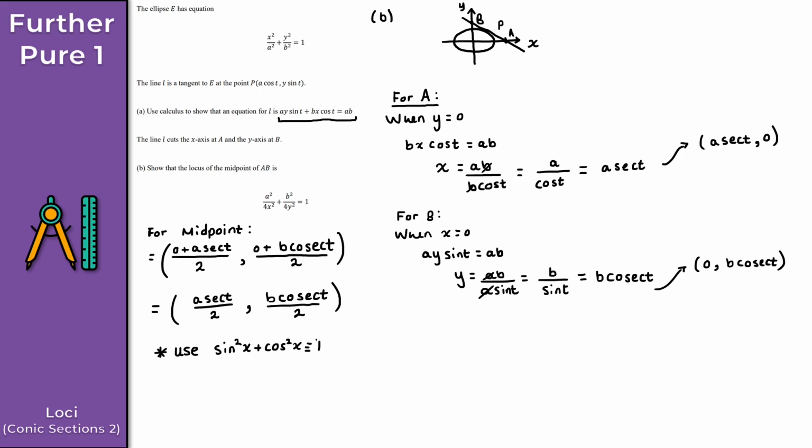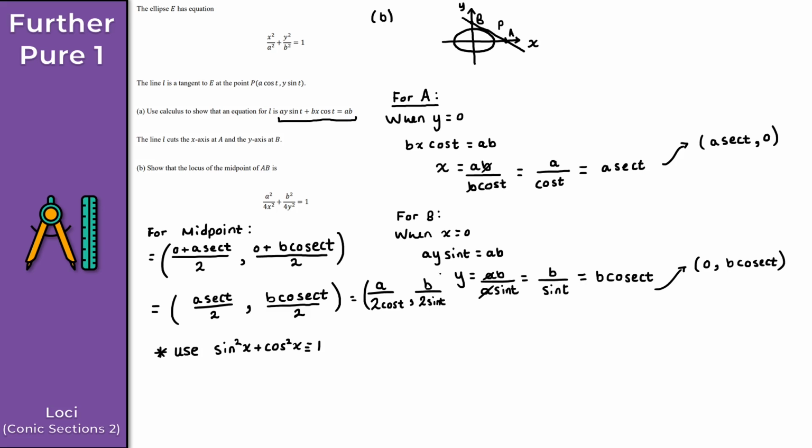Now, at this point I've got a sec t over 2, b cosec t over 2, so I need to think about these in terms of sine and cos rather than their reciprocal trig functions. So this here is just the same as a over 2 cos t. I'm running out of room here, maybe. We'll give it a go. Then it's going to be b all over 2 sine t.